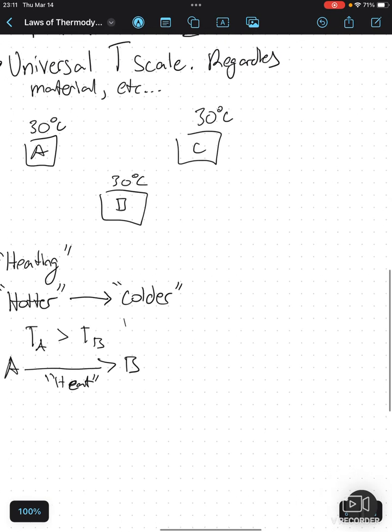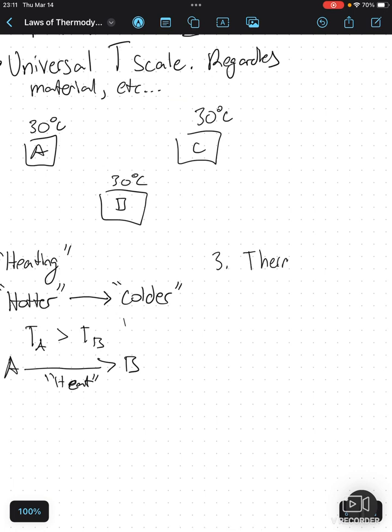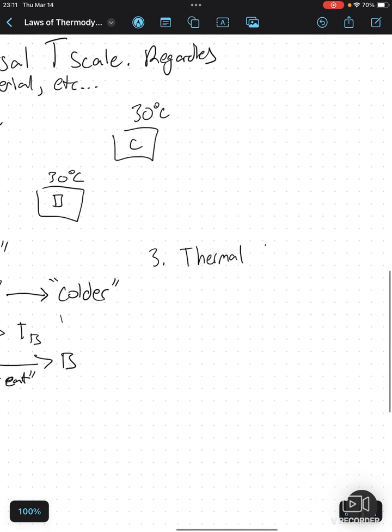But we talked a bit about thermal equilibrium, but what does that exactly mean? Because this is going to be a concept that comes up quite a bit. Well, thermal equilibrium means that a system has settled down to where its macro properties are constant in time.